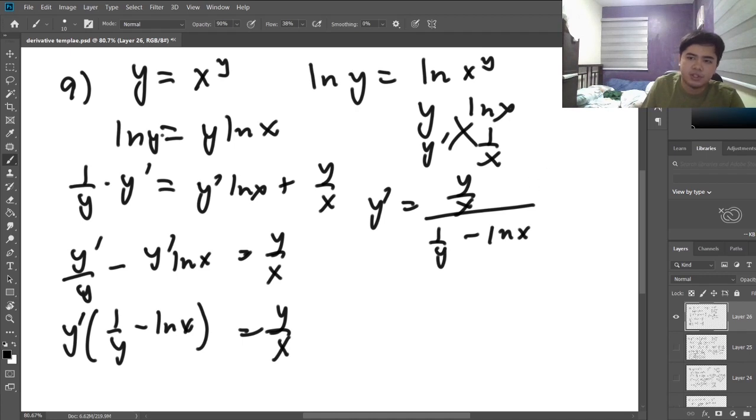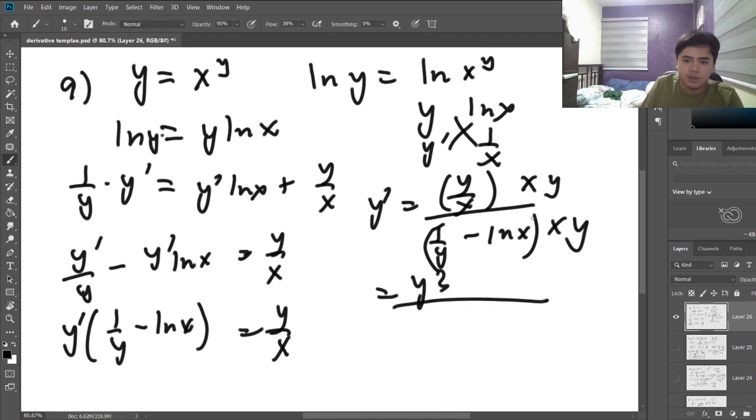Multiply both numerator and denominator by xy to prevent any complex fraction situations here. So x and x cancel, so y squared over the bottom, y and y cancel, so it's going to be x minus xy ln x. That is the answer.